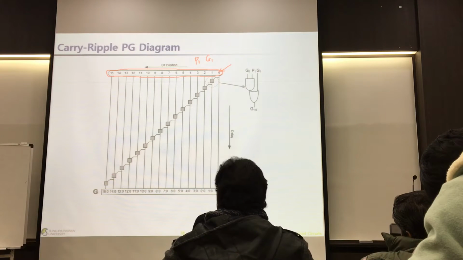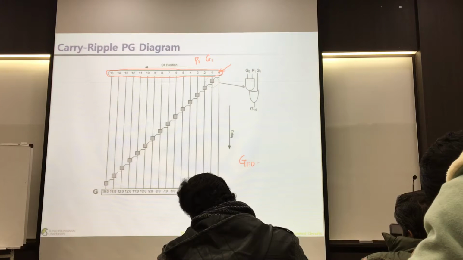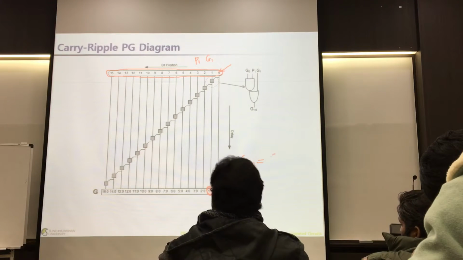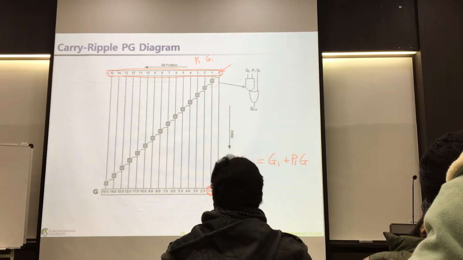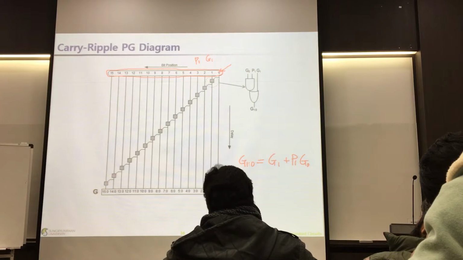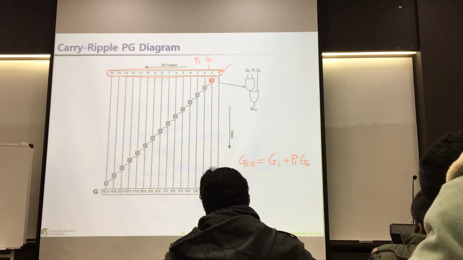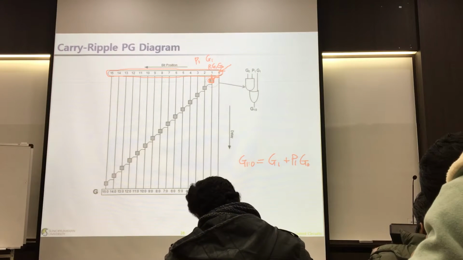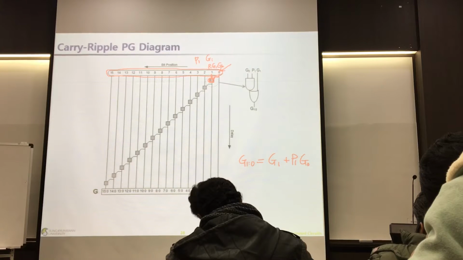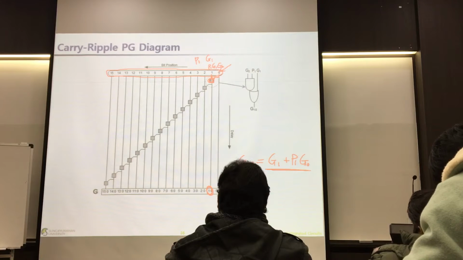Then to calculate G1 to 0, you need to calculate G1 plus P1 G0, right? That's done by this gray cell here. You take P1, G1 from here and G0 from here, and then calculate G1 to 0 by taking these inputs.